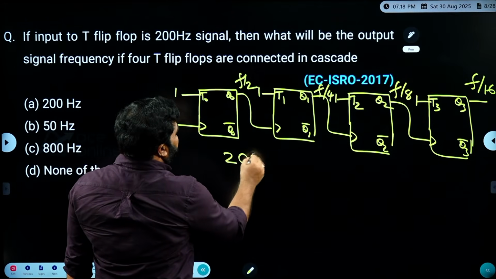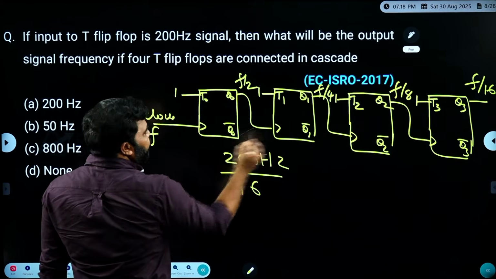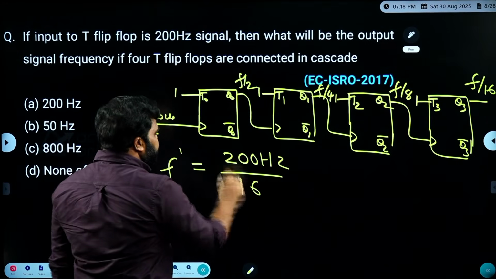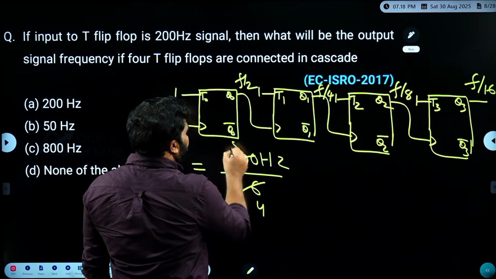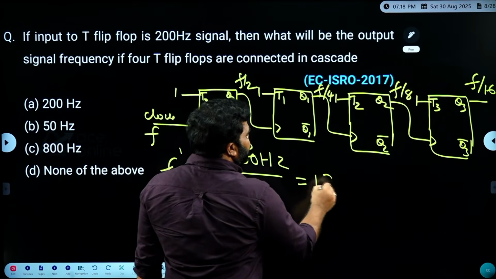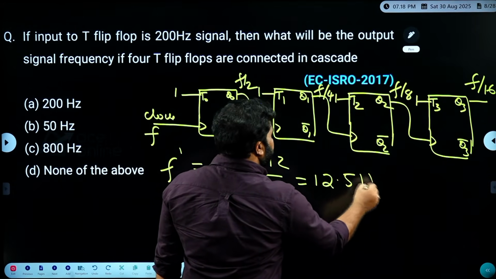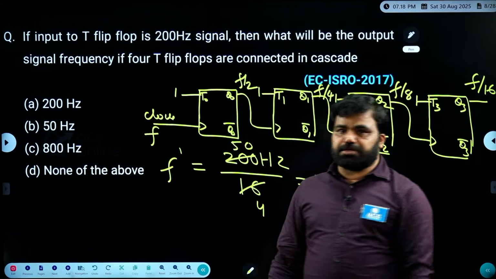So, 200 Hz divided by 16, that is the frequency of the last stage. So, it is going to be 4 4s are 16, 4 5s are 20, so 50 by 4 means it is 12.5 Hz. Answer must be 12.5 Hz.